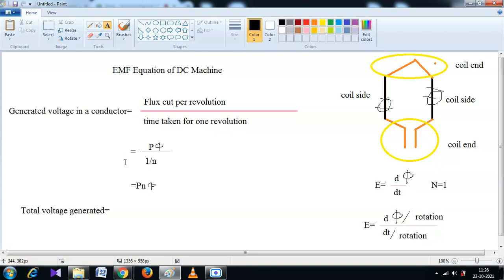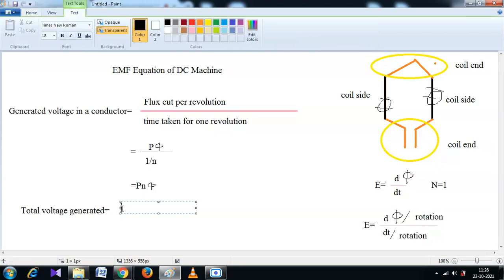And here, how much voltage is produced in a conductor? P phi n. How many conductors are in series in a path?